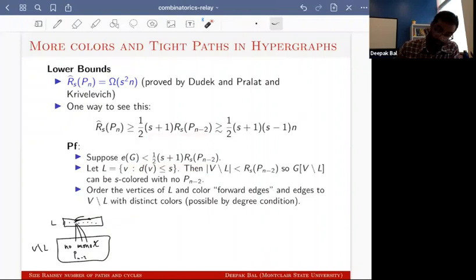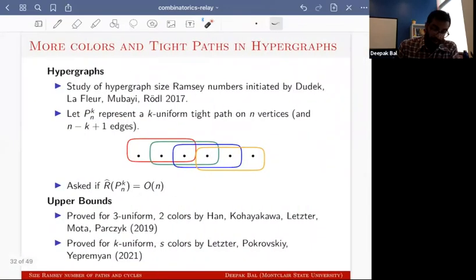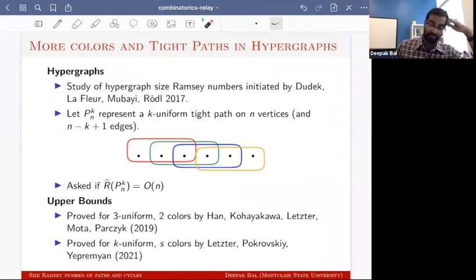Okay, so what about hypergraphs? The study of hypergraph size Ramsey numbers was initiated by Dudek, La Fleur, Mubayi, and Rödl in 2017. They talked about all sorts of problems, but I'm going to concentrate on k-uniform tight paths on n vertices, and I'll denote those with P_n^k.